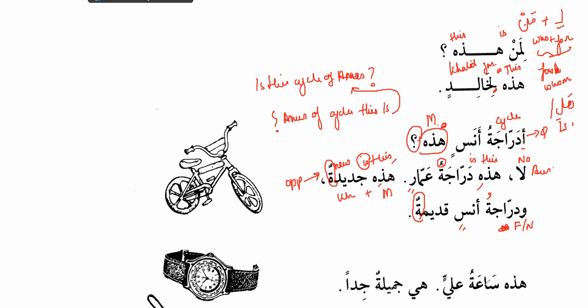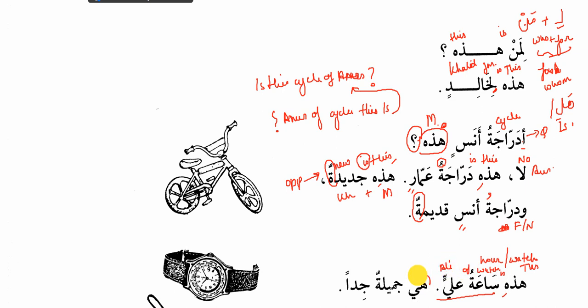Hadhihi sa'a can be an hour or watch, wristwatch. So here it is watch. Hadhihi sa'atu Ali. This is also an idafa. And what will be your translation? This is watch of Ali.